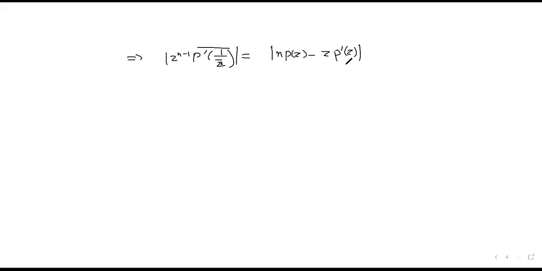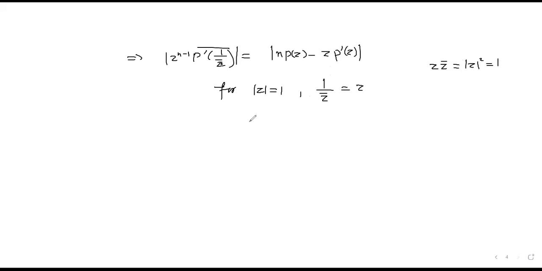Okay. And for mod z equal to 1, 1 by z bar is the same thing as z, because z into z bar is equal to mod z square, which is equal to 1.